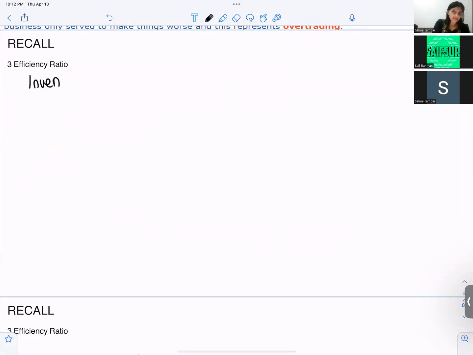I have the inventory turnover ratio. Inventory turnover ratio in days. What is the formula? Inventory turnover in days is average inventory divided by cost of sales, times 365.